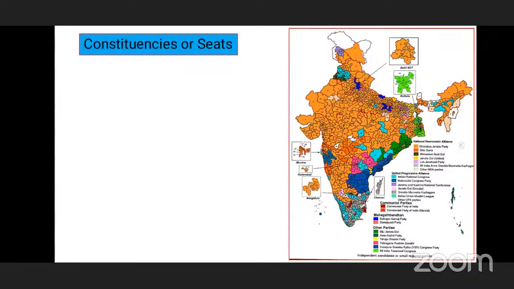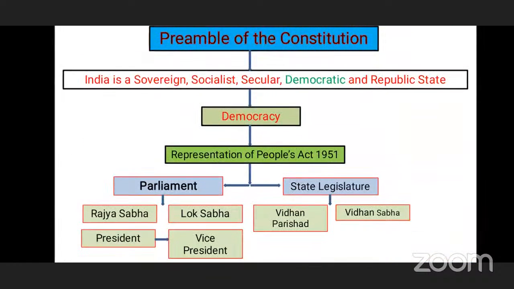In the initial days, kings and queens ruled their kingdoms. They issued a number of orders orally. Those orders were implemented by the Council of Ministers. Nowadays, there is no kingdom.